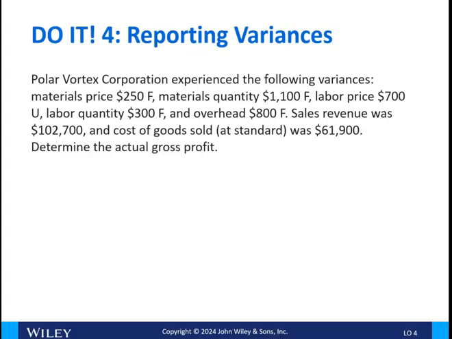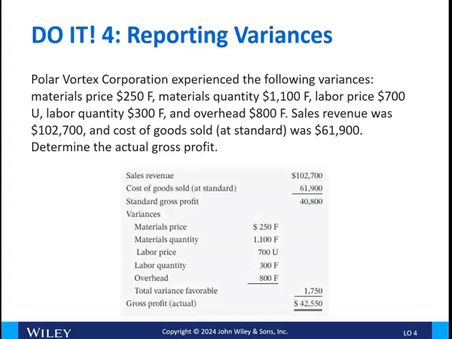So what we'll do is produce an income statement. We'll start with our sales and our cost at standard. That'll give us our standard gross profit. Then we will add our favorable variances, subtract our unfavorable variances to that gross profit to get our gross profit actual. And this is what it looks like.